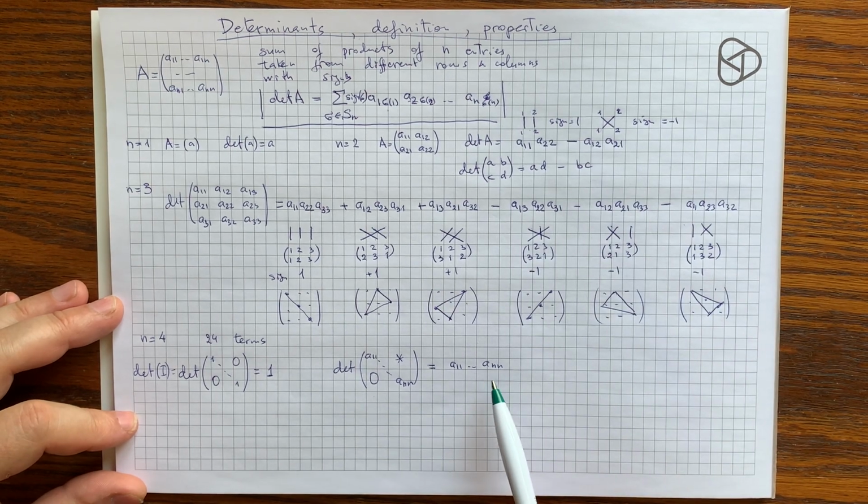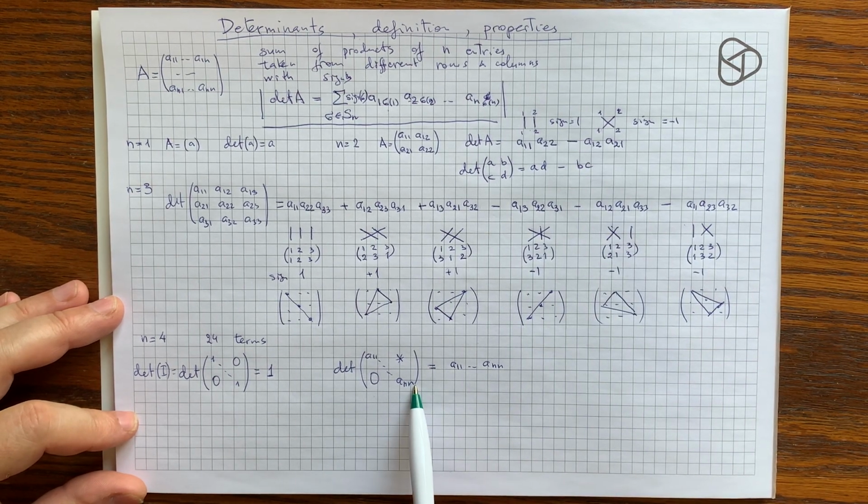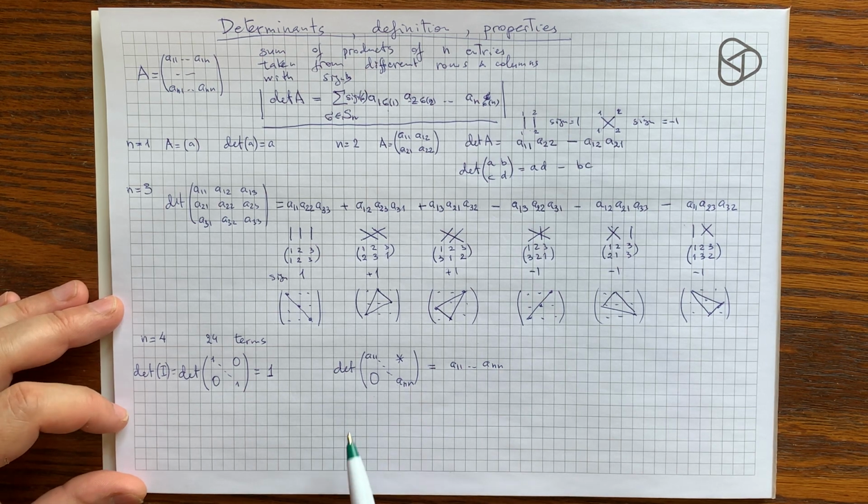And that is easy to see going bottom up, just starting with the last row. It's mostly zeros, so we have to take a non-zero entry. The potentially non-zero entry is this last diagonal entry. That's all we can take. So we have to take the last element from the last row.